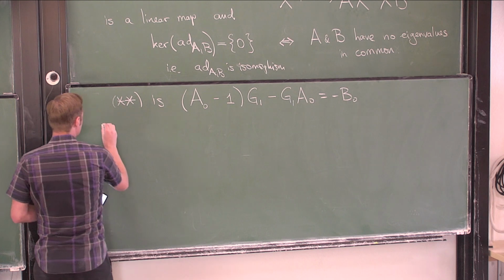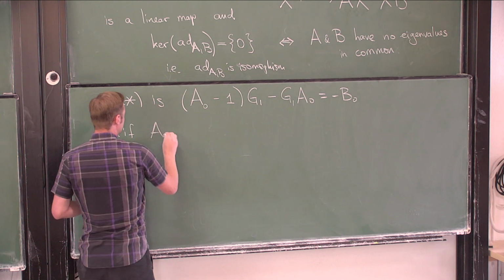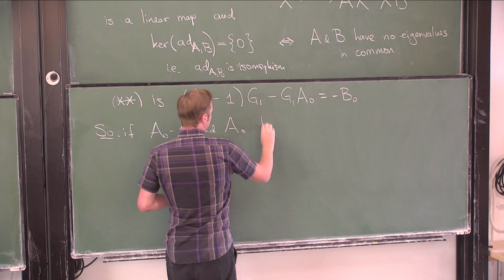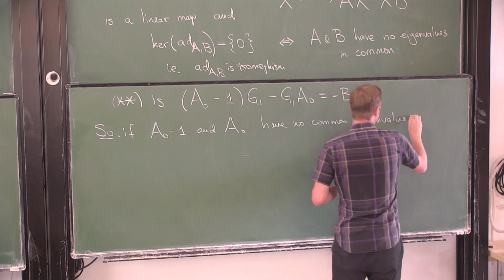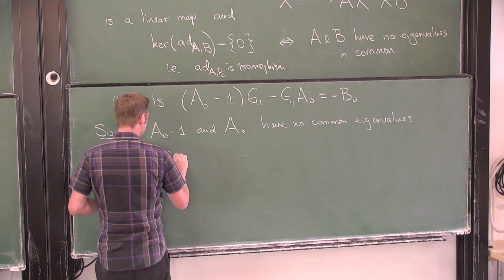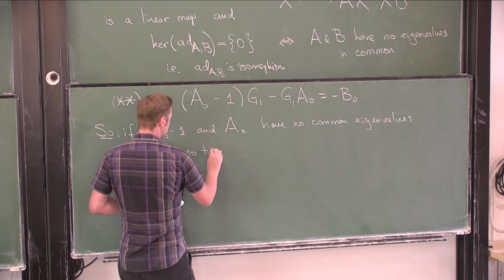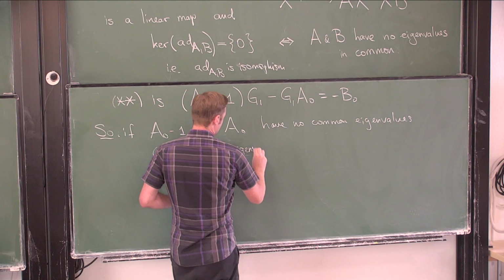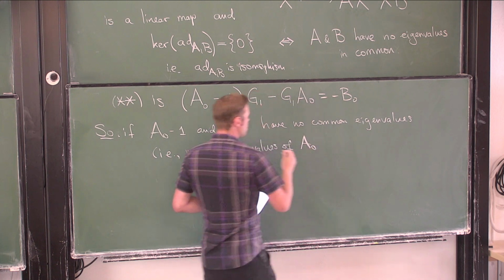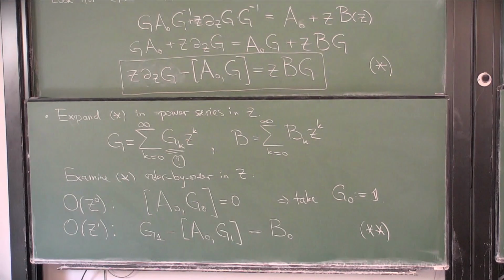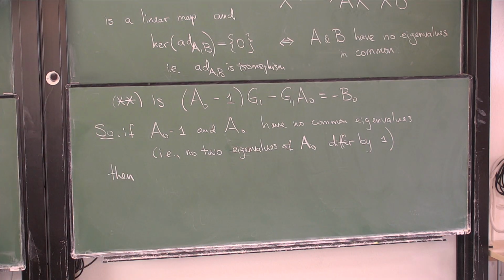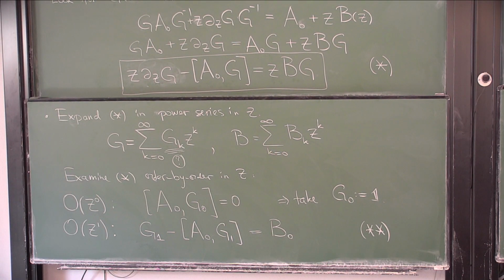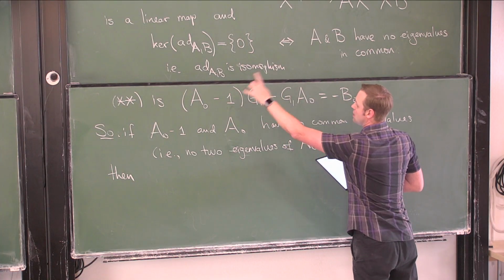So using this fact, if A naught minus 1 and A naught have no common eigenvalues, or said differently, if no two eigenvalues of A naught differ by 1, then looking at this equation, we know that this linear map, which sends G1 to this combination, has zero kernel.